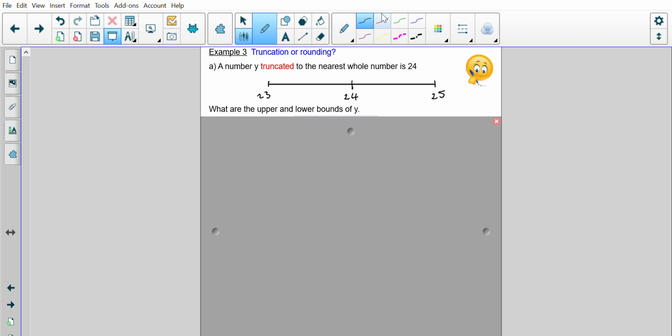With truncation, I'm going to get a lower bound of 24, so the number itself, and an upper bound of 25. So you can see my range of possible values is essentially the top half of my number line.